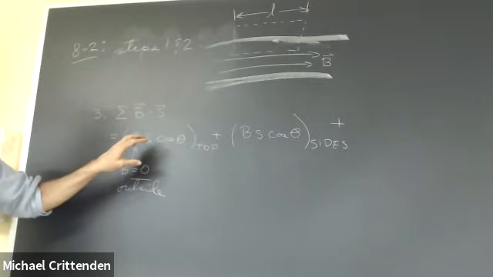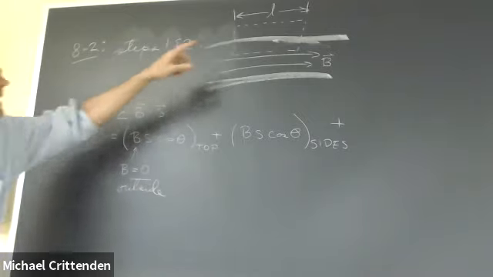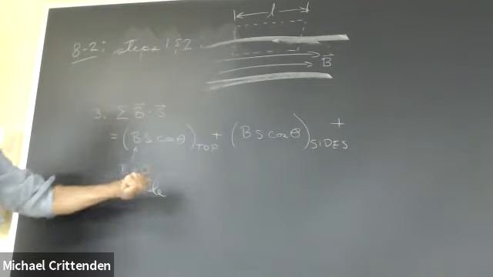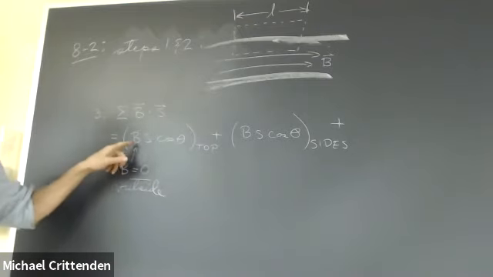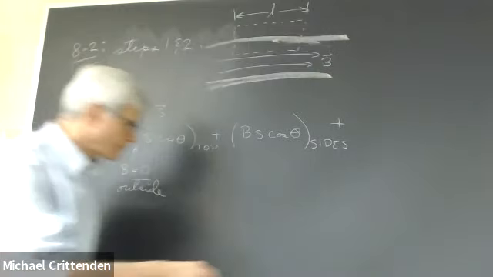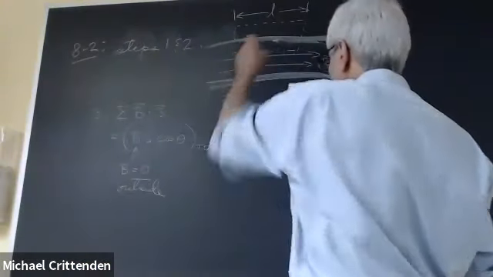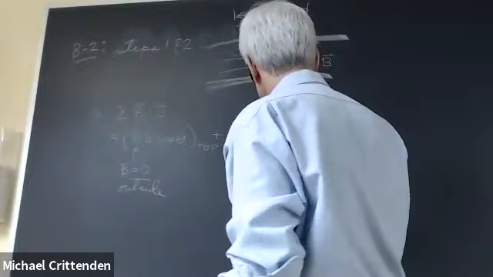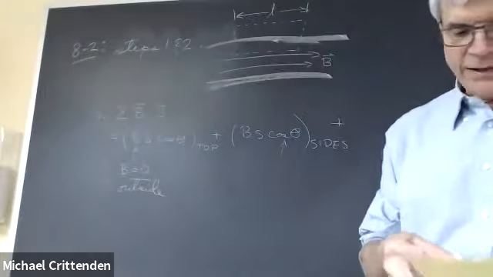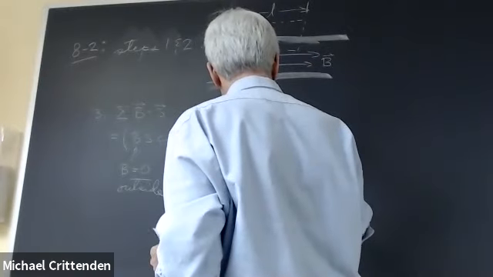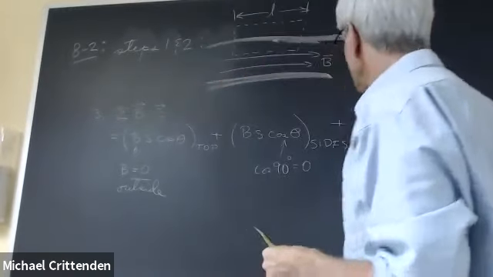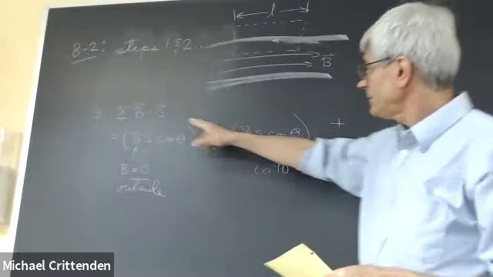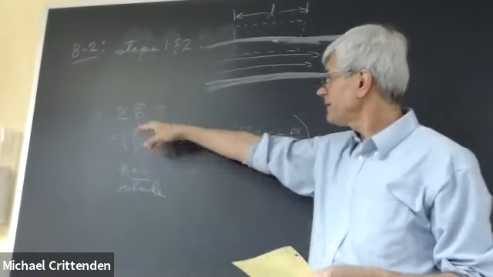And so across the top of our path, the length times the strength is 0, because the strength of the field is 0. On the left and right sides, the issue is the cosine factor. Theta is the angle between this displacement vector and the magnetic field vector.